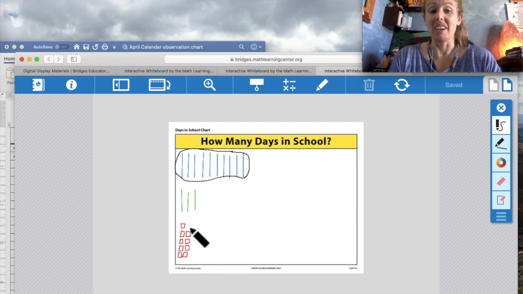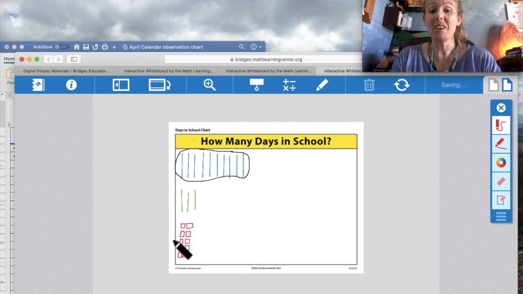We added another ones. So let's think about if we add another ones. I'm going to bring it to that red. Here's my ones. Oh, clicked off of it. There's my ones. So here are 10 ones. That would equal a tens along here.